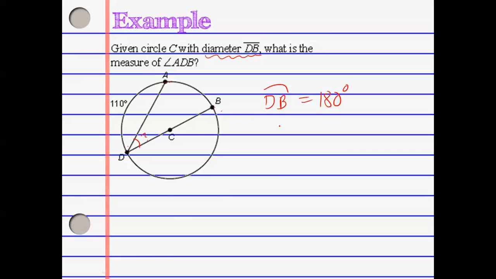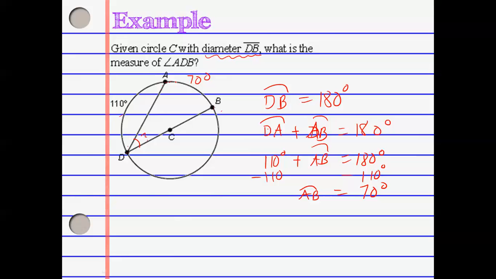So what we can say is that DA plus AB has to equal 180 degrees. We already know that DA is 110 degrees, so we take 180 minus 110, which means that arc AB has to equal 70 degrees.